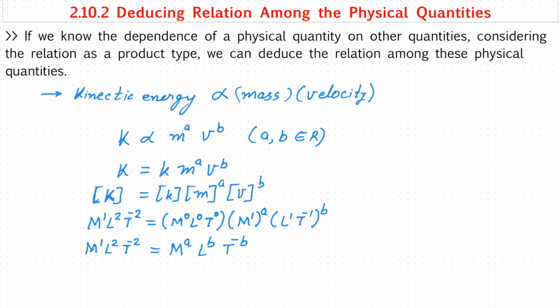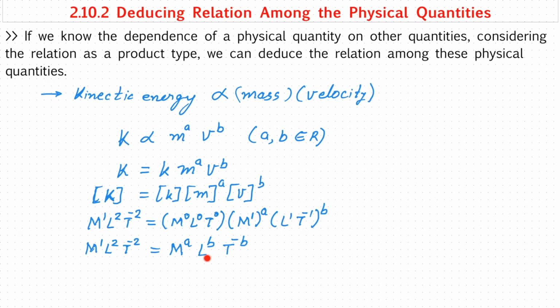So the power of both the M will be obviously same. That means 1 is equal to a. The same way, in the left side L raised to 2 and in the right side it is L raised to b. So b will be equal to 2.